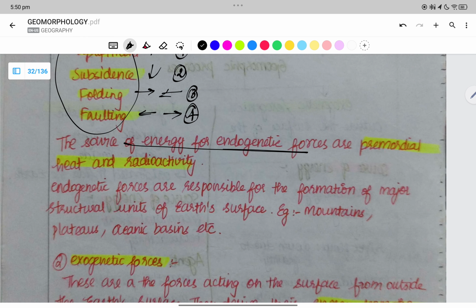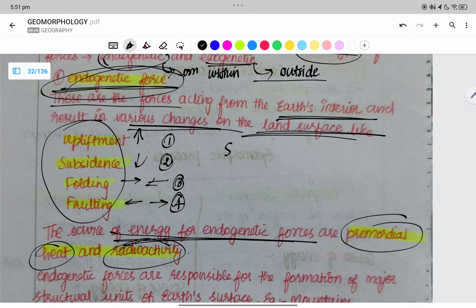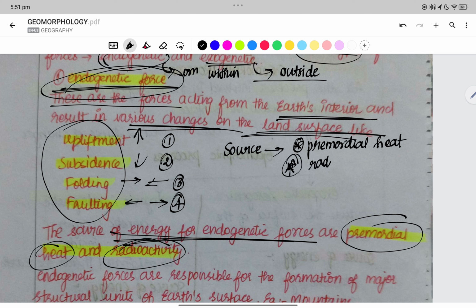The sources of the endogenetic forces are primordial heat and radioactivity. The first one is primordial heat, and the second one is radioactivity.